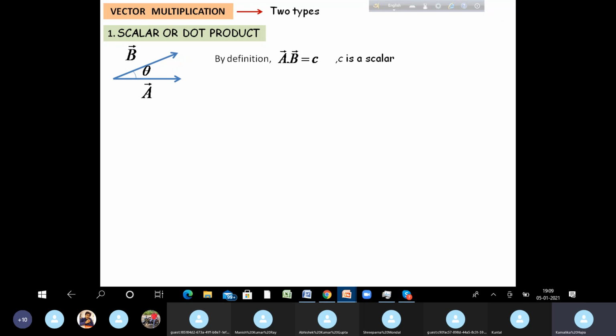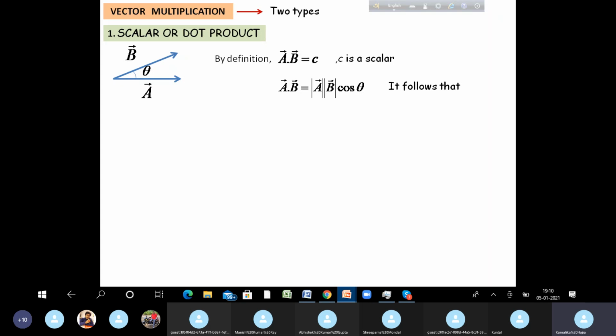So how do we do the calculation? The value of C is this. Modulus of A is a scalar number, modulus of B is a scalar number. So the product of those two, modulus of A and modulus of B, and with it, the product of the cosine of the angle theta between the two vectors. This is the definition of the dot product.